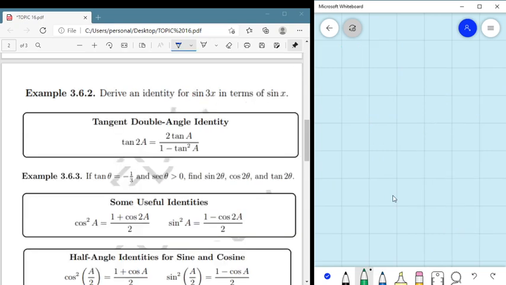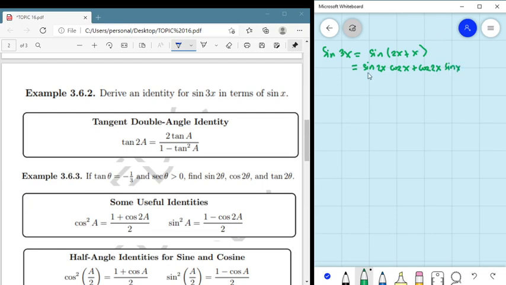Number 3.6.2: we are going to derive an identity for sine 3x in terms of sine x. Notice that sine 3x can be written as sine of 2x plus x. Using the sum identity of sine, we have sine 2x cosine x plus cosine 2x sine x.